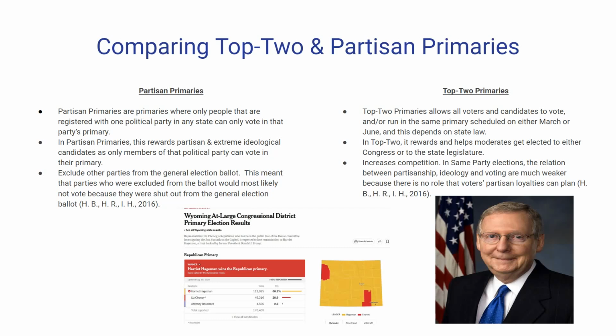In partisan primaries, since all political parties are free to nominate their candidates however they choose, and only members of that political party can vote in that party's primary, every party member votes in their own party's primary, and political parties nominate at least one candidate to represent that party in the general election. This means that no party is excluded from the general election ballot because of relying on partisan primaries.